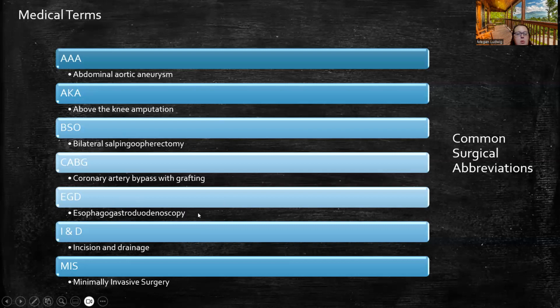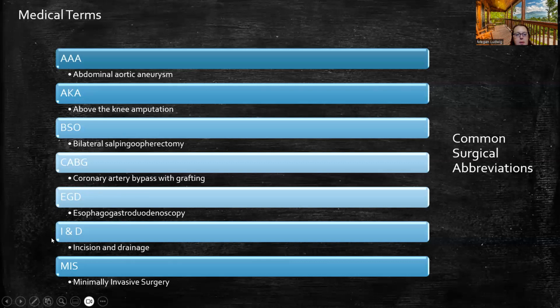This is an interesting example because this term has 3 word roots and no prefix. All 3 of those are word roots with the suffix at the end. So you can have multiple word roots, and it's pertaining to all of them. You're viewing the esophagus, stomach, and duodenum. So you're putting a tube down the mouth and looking into those things.